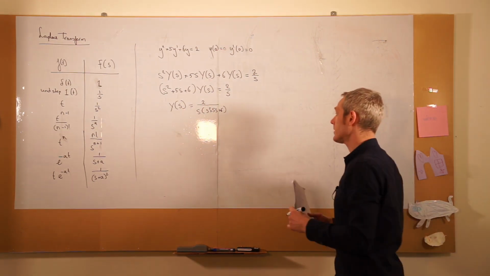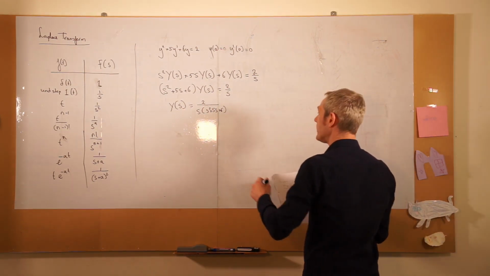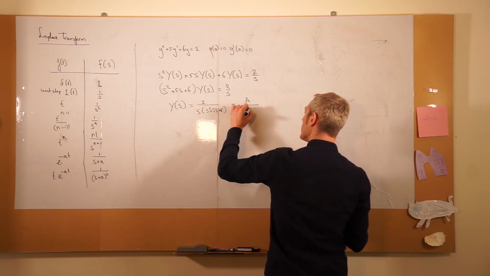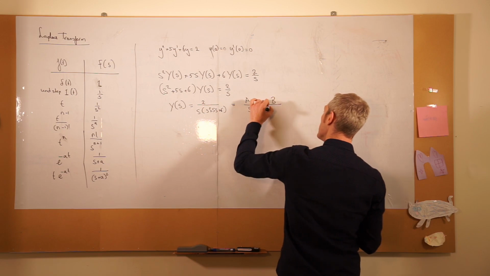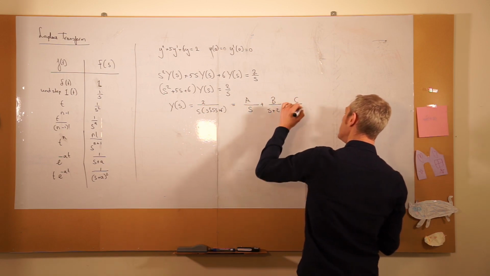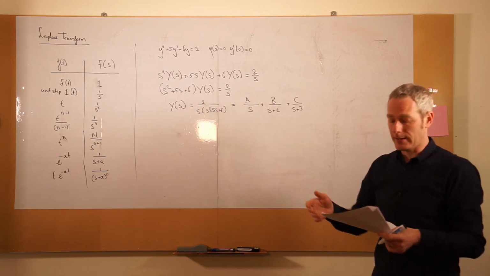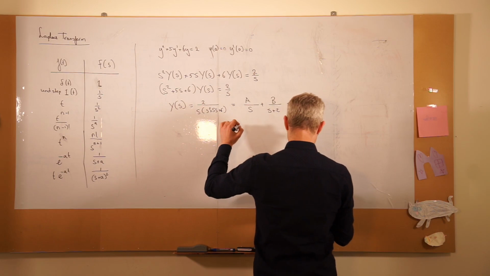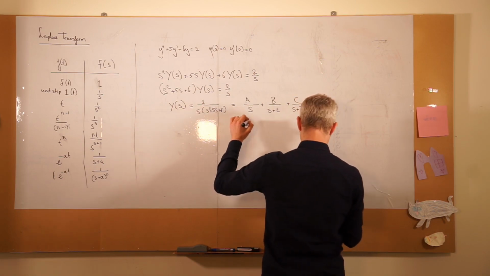Again, using partial fraction expansion, we can write this as some a over s plus some b over s plus 2 plus some c over s plus 3. And we can calculate a, b, and c.